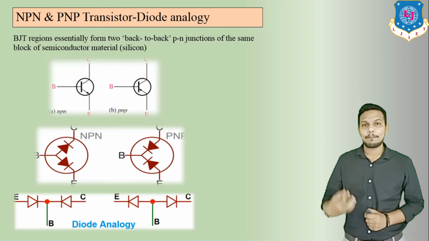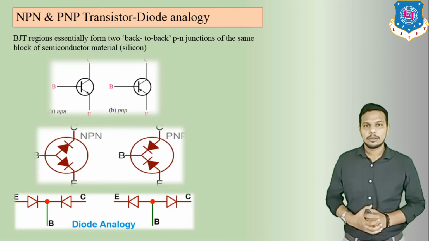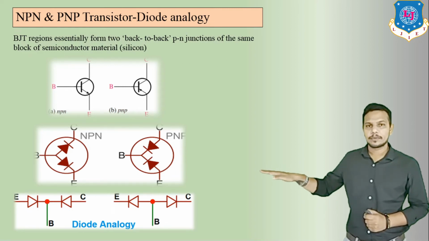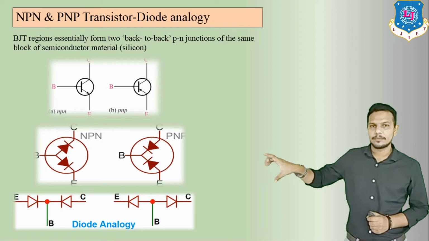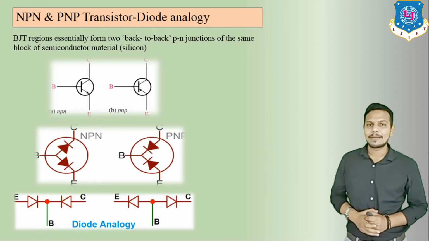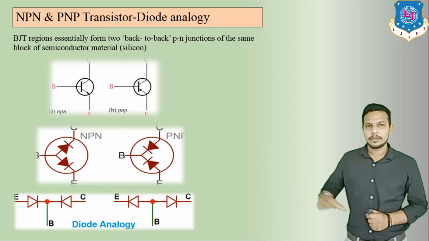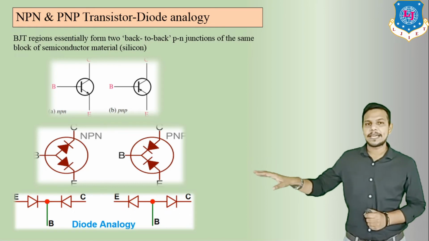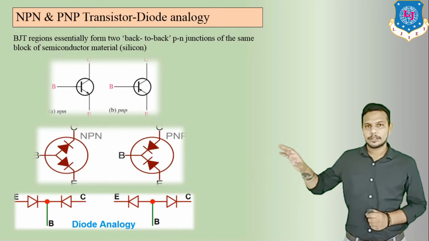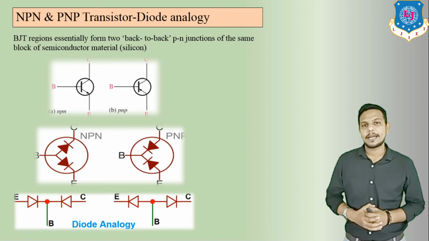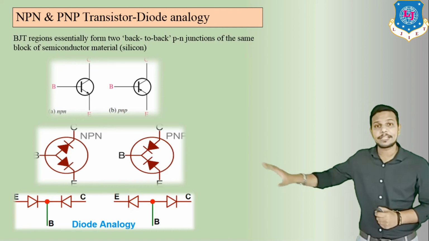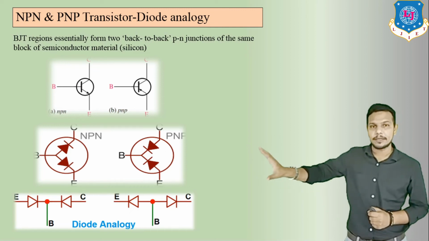We have to put back-to-back diodes in this form. If it is an NPN, the diodes are in opposite directions in this manner, so it becomes NPN. In this symbol, this is the PNP, where the diodes are in the same direction, so it means PNP. So here we can see this is the NPN and PNP.